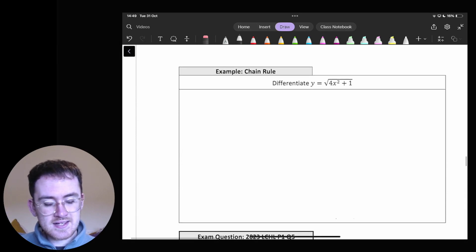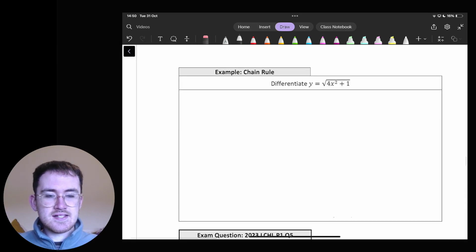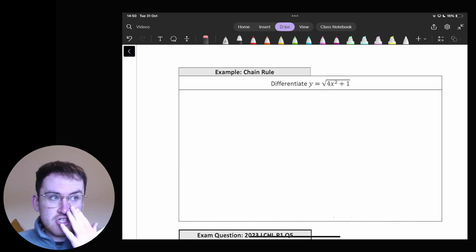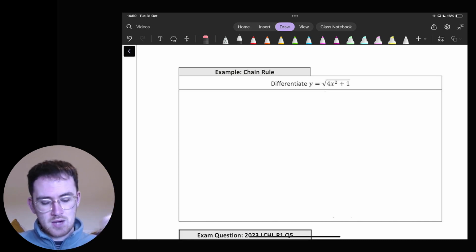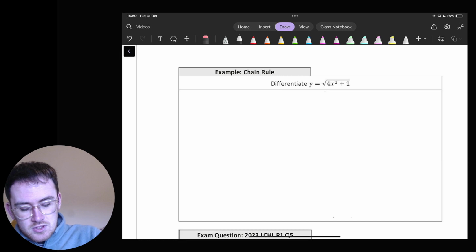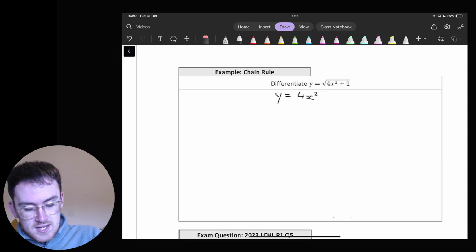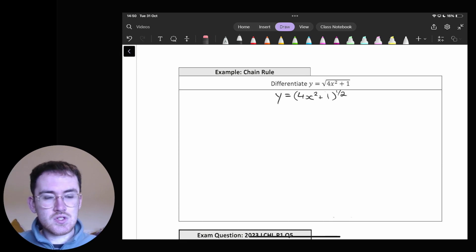But as I've said already, the main telltale sign of the chain rule is really expressions with powers, where you have an expression and it's all to the power of something, where we have a bracket that's all raised to a power. So here for this example, we could rewrite this as y is equal to (4x squared plus 1) all to the power of a half. So this here tells me it's going to be a chain rule because I have an expression that is all raised to a power.